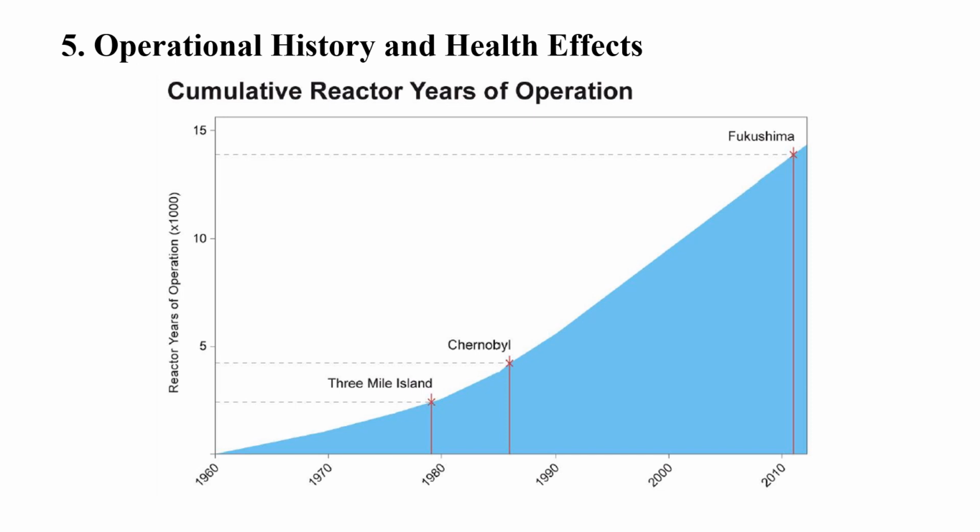So next here is your operational history and health effects. This is the cumulative reactor years of operation, and these are the accidents that have happened in the past years since the start of the operations of nuclear power plants. There were just three accidents that have caused large damages.